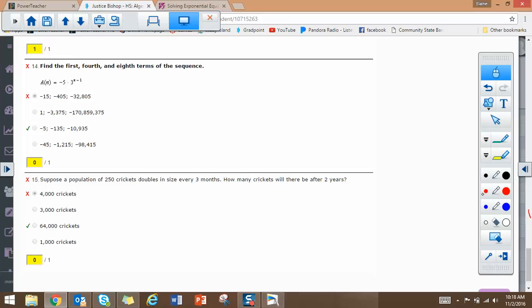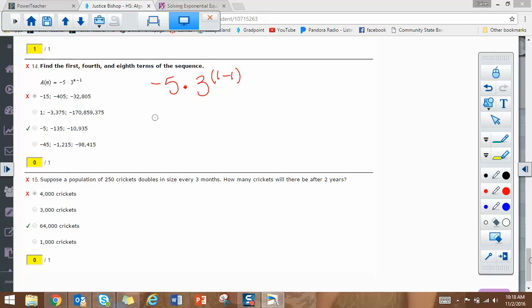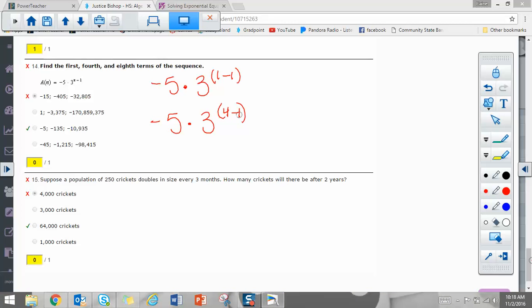So you would have negative 5 times 3 to the 1 minus 1, that's the first term, negative 5 times 3 to the 4 minus 1, that's the fourth term, and then negative 5 times 3 to the 8 minus 1 would be the 8th term. So now we're just plugging this into our calculator.